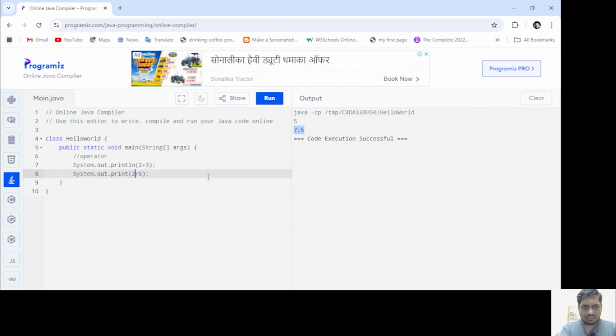If I keep the first operand 2 and change the second operand to 5.0, what will we see? We'll see 7.0. So the decimal should be counted whenever you write a decimal in addition, whether you use integer values or decimal values.